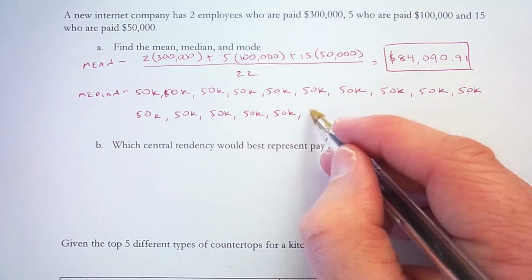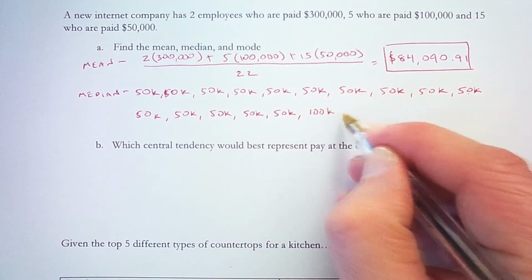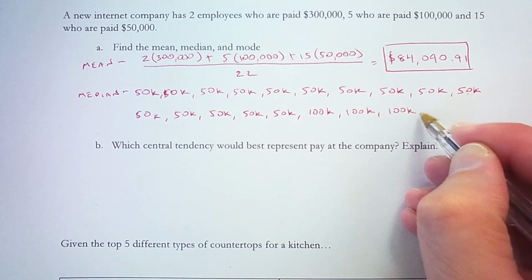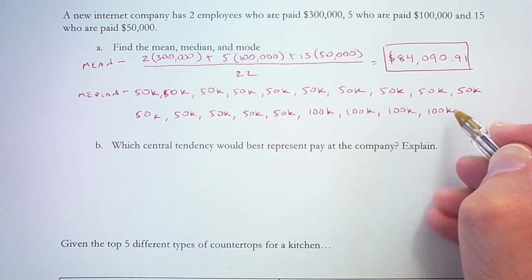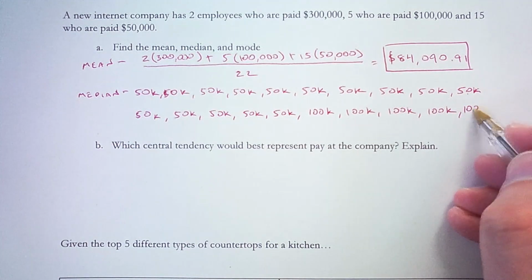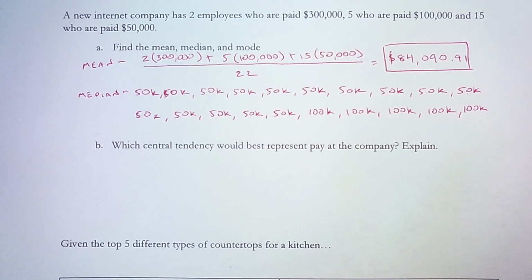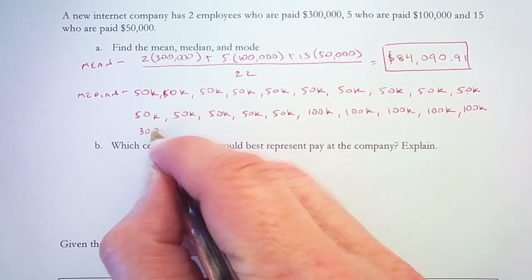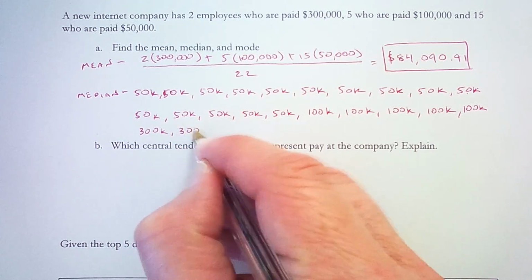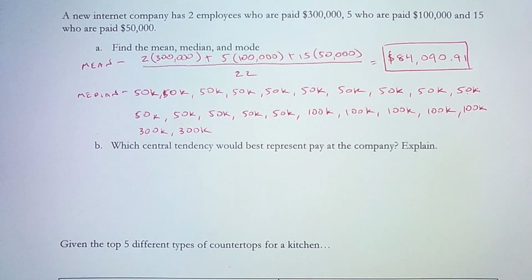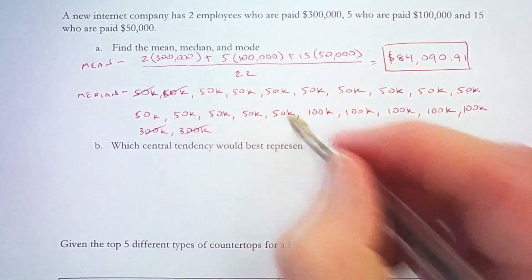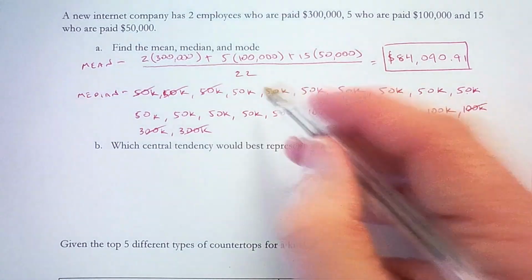Next we need 5 $100,000 salaries. And 2 $300,000 salaries. Now, to find the median, we're going to cross off 1 from each end until we find the middle.